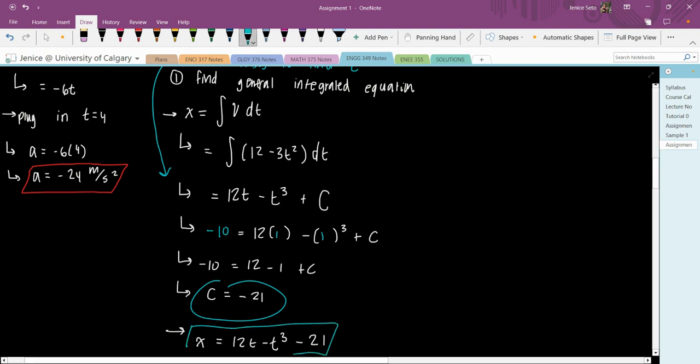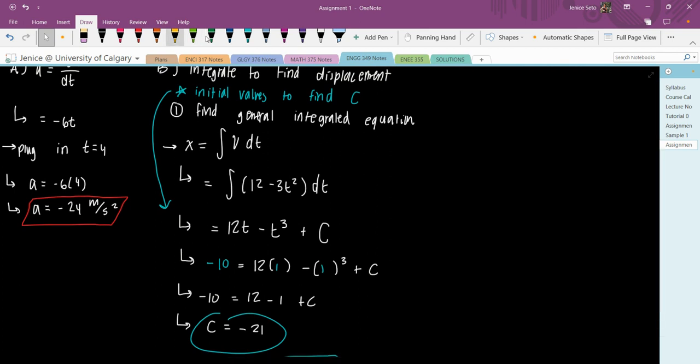It's an intermediate step, but we're not done yet because we still have to integrate with certain bounds. So we need to integrate within a certain time period, which is given to us as 0 to 10 seconds. So now that's all we have to do. We're going to integrate with bounds.